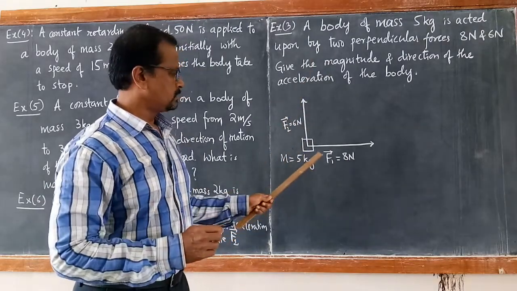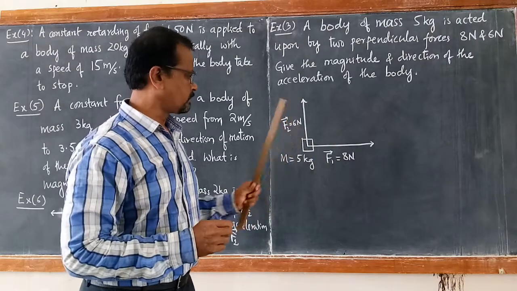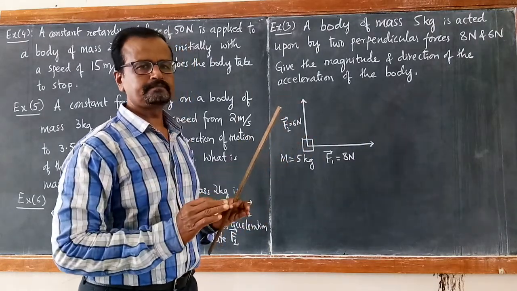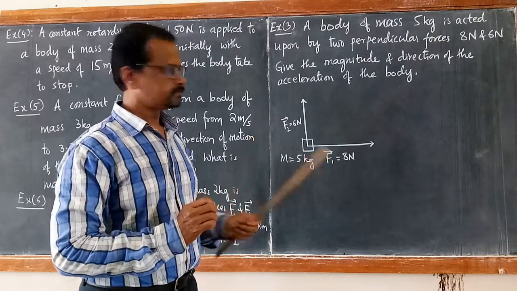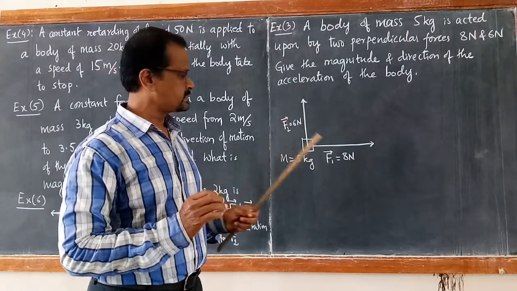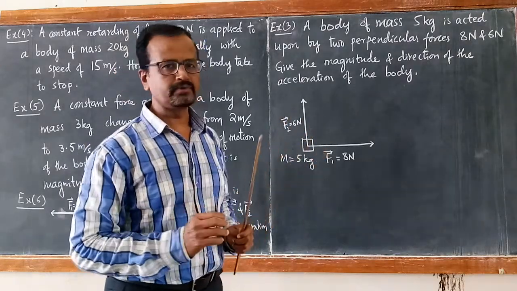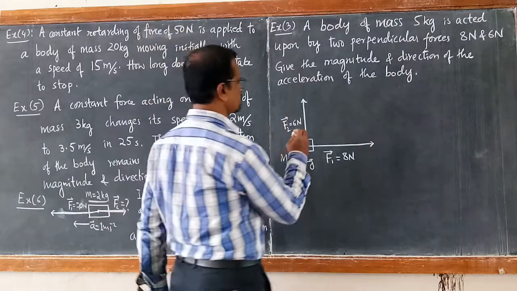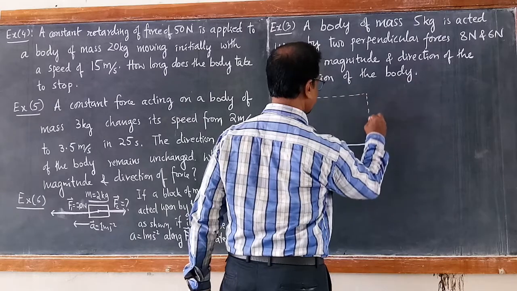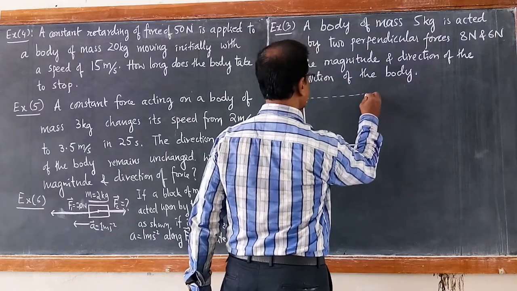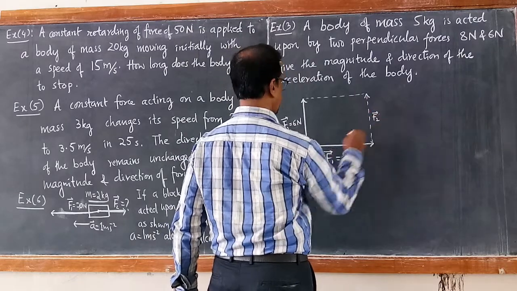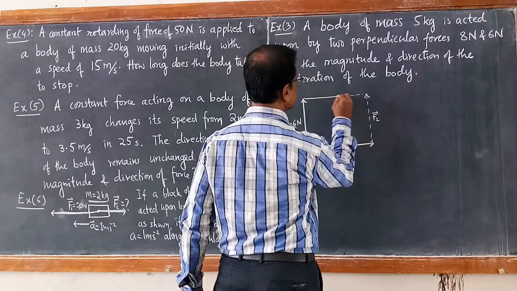In this case, when two forces are acting on a single body in different directions, first we have to find out the resultant force. Because, as you know, forces are vector quantities. So if you just draw the vector diagram, this becomes a rectangle. Draw the parallel vectors, F2 parallel vector and F1 parallel vector.